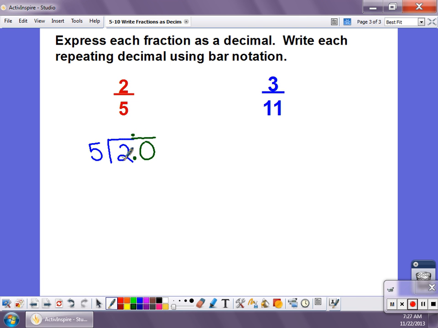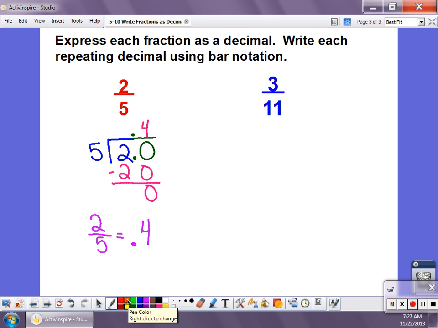Okay. 2 can't be divided by 5, that's why I added my decimal, but 20 can be divided by 5. 20 can be divided by 5 4 times. 4 times 5 is 20. When I subtract, I get a remainder of 0. So this is a terminating decimal. We say that 2/5 is equal to 4/10. And because I got that remainder of 0, this terminates.